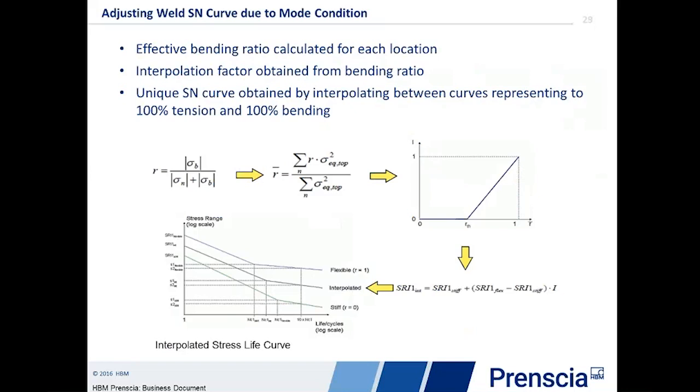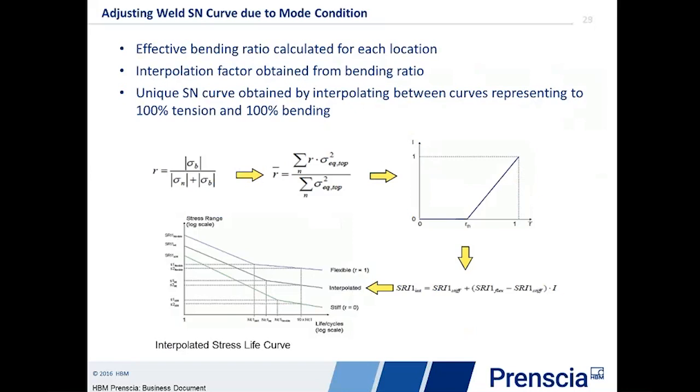We're going to calculate this effective bending ratio, and built into DesignLife, we can take that bending ratio and generate an interpolation factor. This is a factor that allows us to interpolate between two curves. One fatigue curve per weld where the weld is completely in tension, tensile stress.